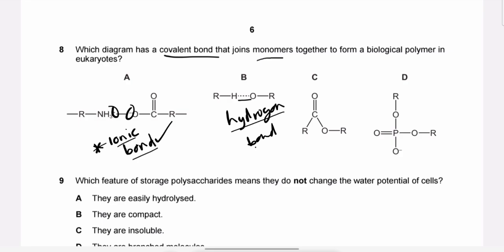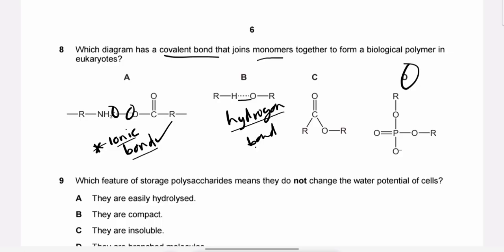And that leaves us with D, and D shows a phosphate group covalently bonded to two R groups, as you can see there, which can be sugars of adjacent nucleotides, and we know that that forms a backbone or bond that joins nucleotide monomers to form a biological polymer, which is our DNA or RNA.